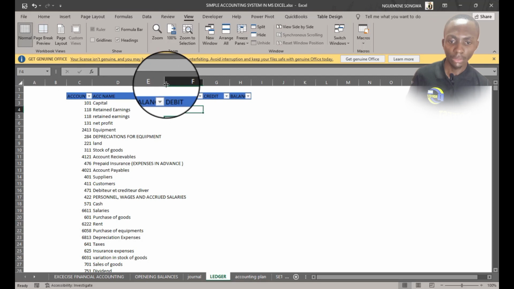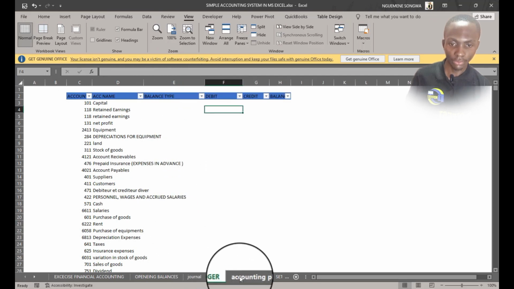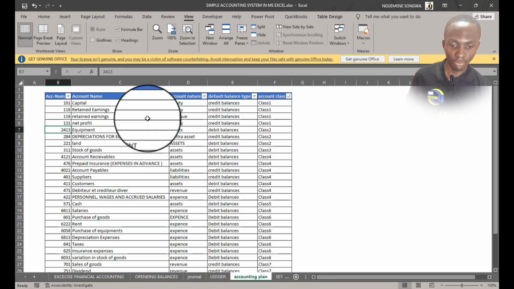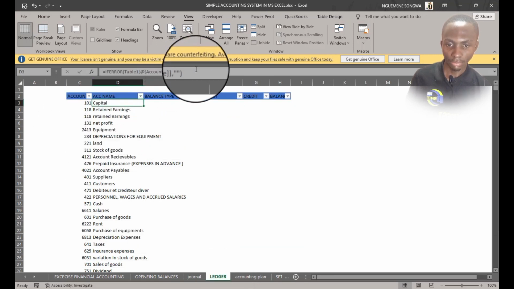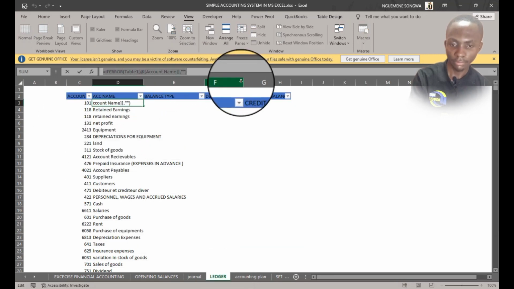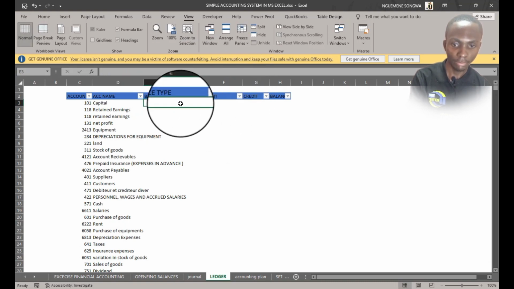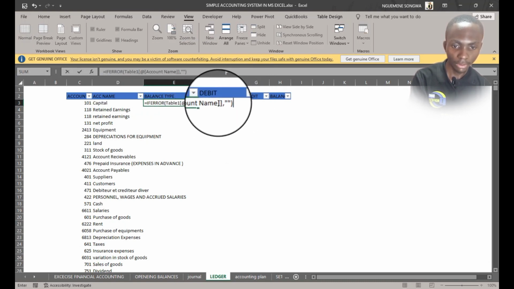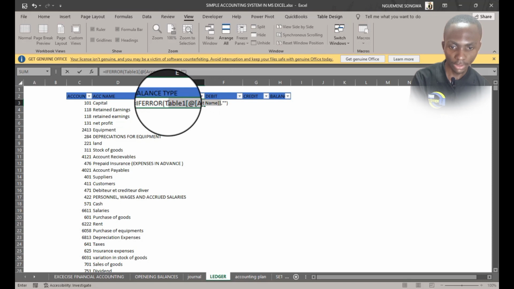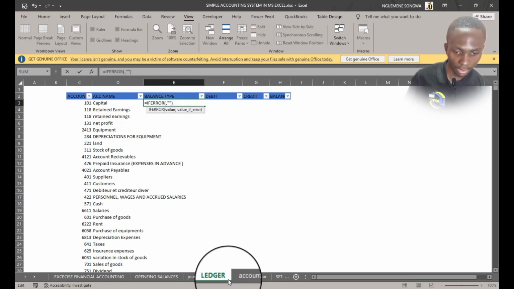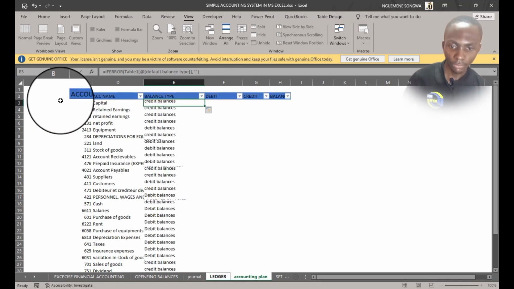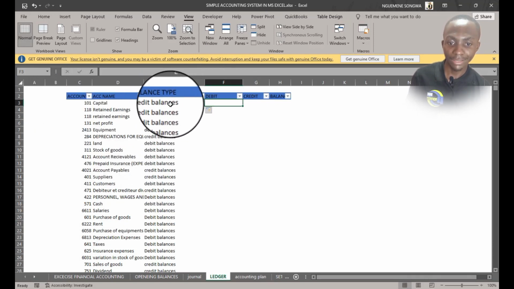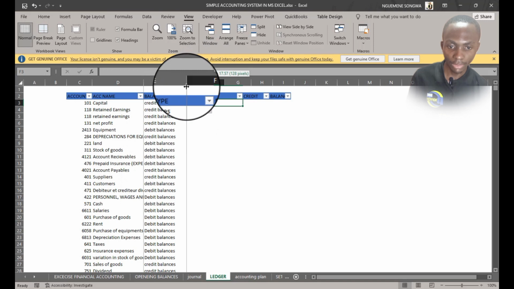For the balance type, I will use the same function I've used here. I'll just copy this, paste it here, but here we are looking up what is in the account type, the respective account type of this account number. So good, we have the balance type, whether it is a debit balance or credit balance.